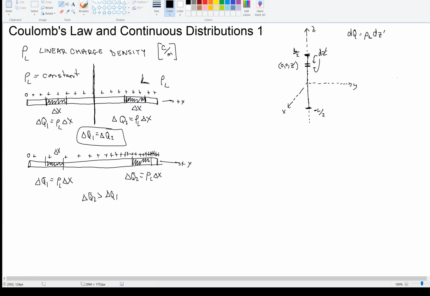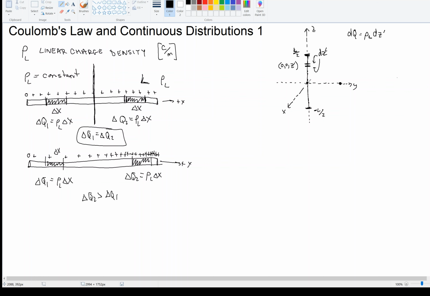Now we're going to consider the electric field at some point on the midpoint. So the problem was to find the electric field anywhere on a line passing through the midpoint of the rod. It's not on the y-axis, excuse me.